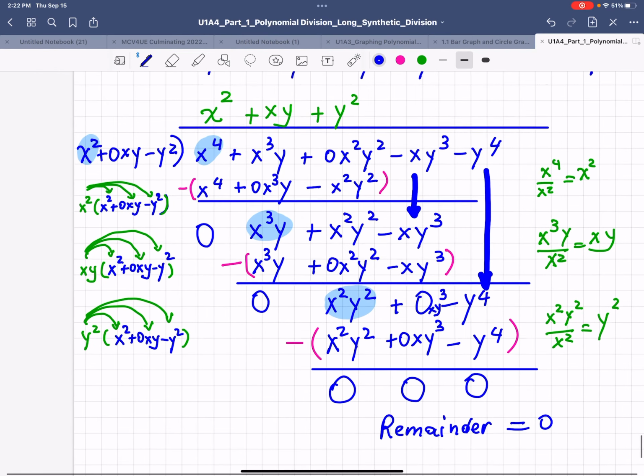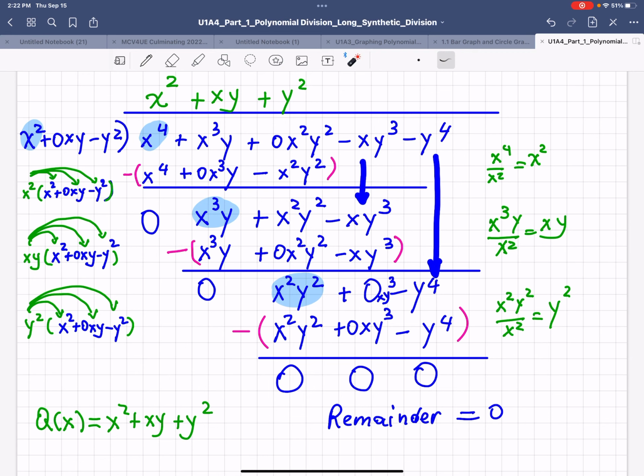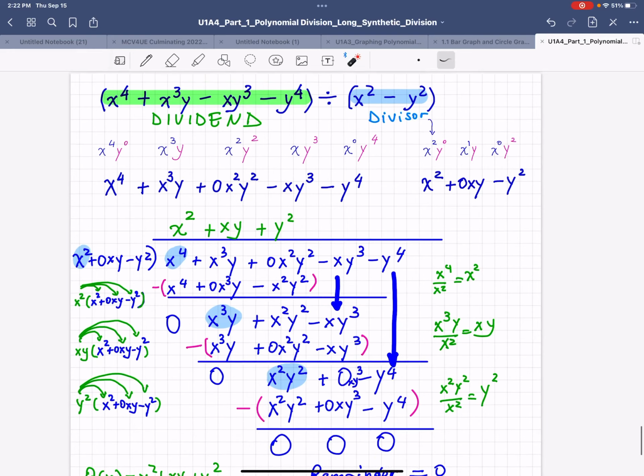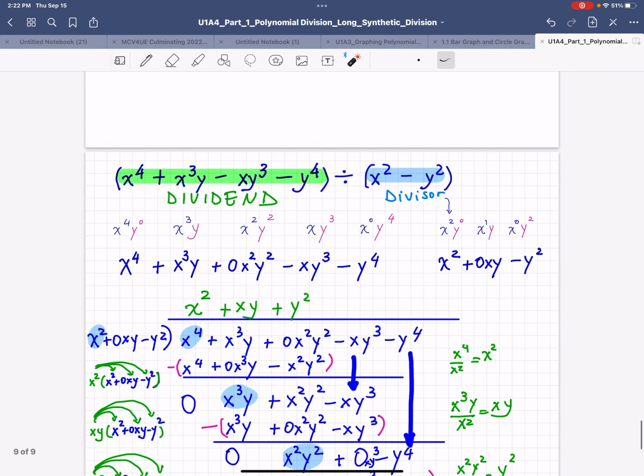So the quotient in this case will be q(x) equals x squared plus xy plus y squared. If you want to check whether or not the answer is correct, use the division statement. Multiply these two together and see if you obtain the same dividend. So this is one of the methods of dividing this dividend by the divisor when two variables are involved.